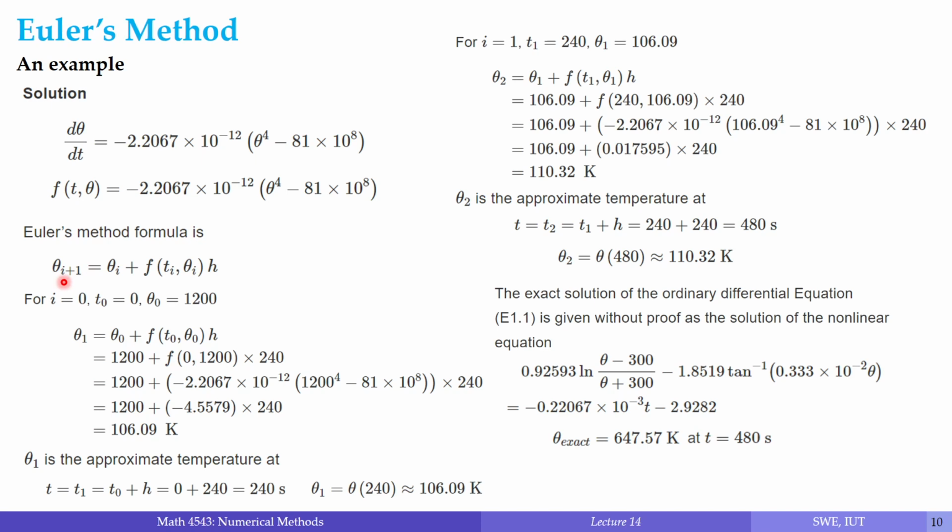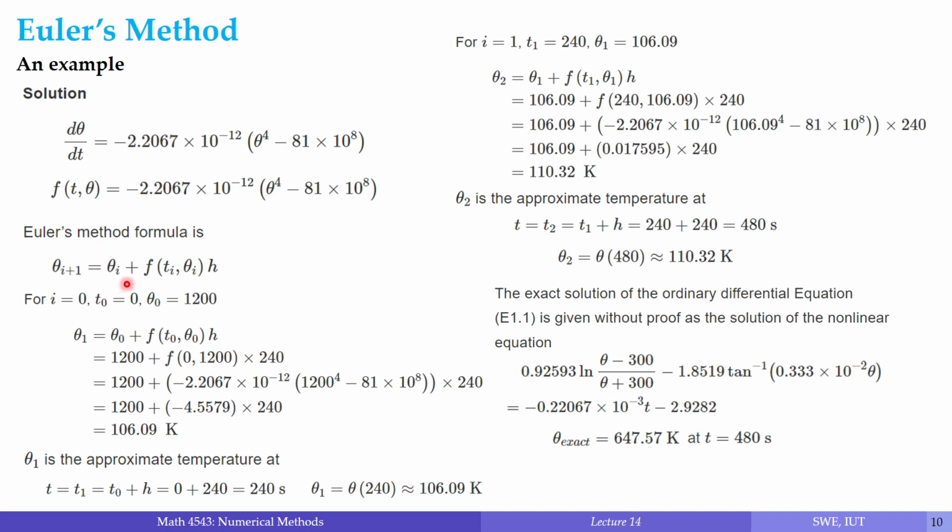Instead of y, they are using the notation theta, and instead of x, they are using t, where theta stands for temperature in Kelvins and t stands for time in seconds. So θ(i+1) equals θ(i) plus f(t_i, θ_i) times h. This is our Euler's method formula, and we'll just apply it.